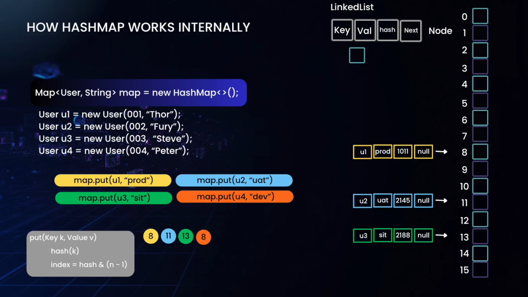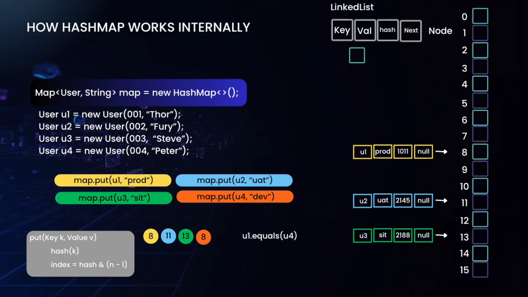We can't directly go and add it over here, because whenever the index is the same, internally the HashMap is going to compare the key. So now we know that u1 and u4 have the same index.